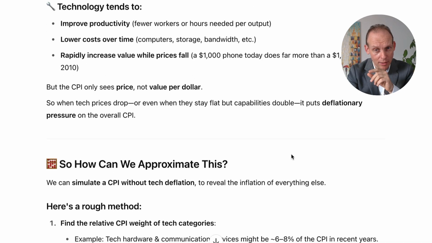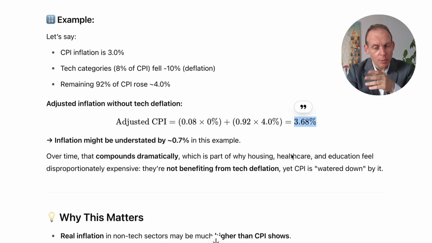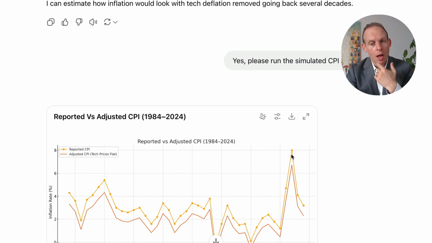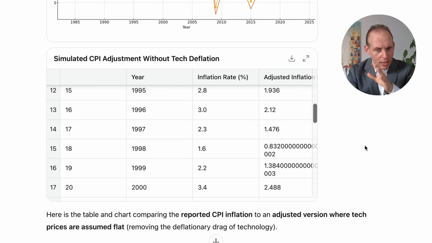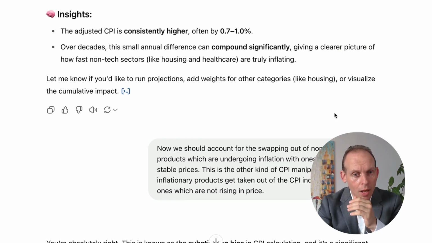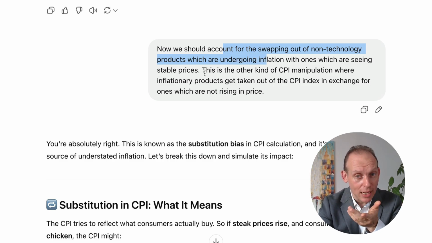Because I asked ChatGPT this question about price adjustments and the deflationary nature of technology. Then I asked it to make calculations, which you can see. Then I ask it, now we should account for the swapping of the non-technology products which are undergoing inflation with ones which are seeing stable prices.